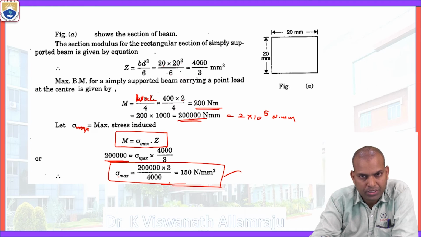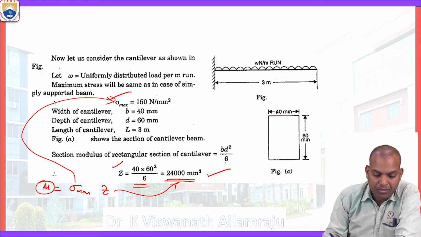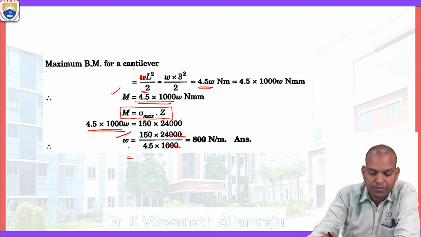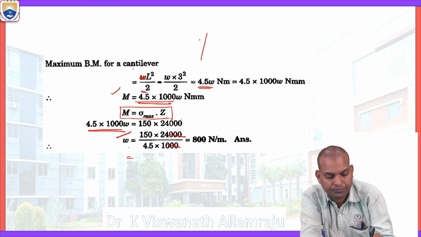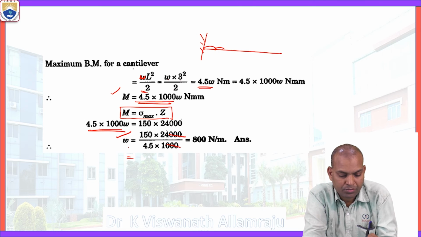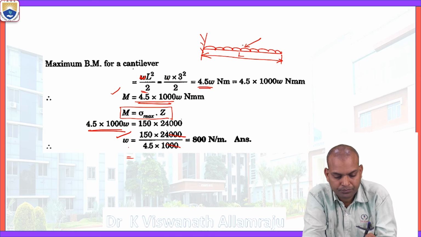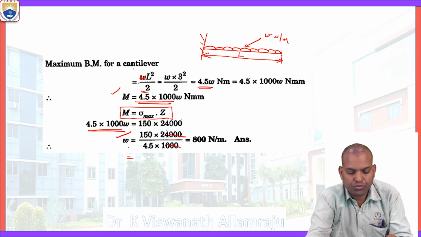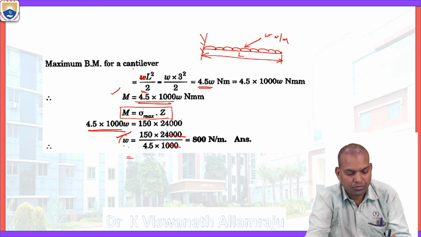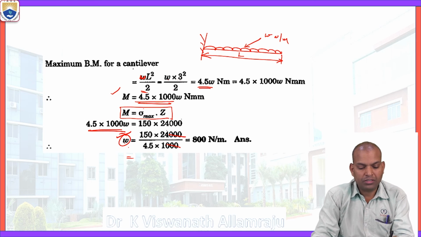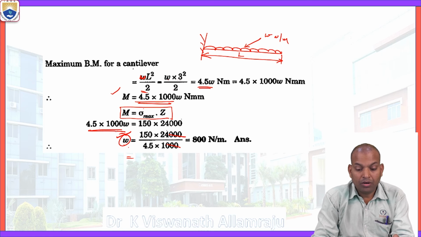Again, what is the moment resistance when the beam is subjected to UDL throughout the span? It is WL square by 2, that is W into L square. From this we obtain the unknown value, the final value, that is the uniformly distributed load of the cantilever beam.